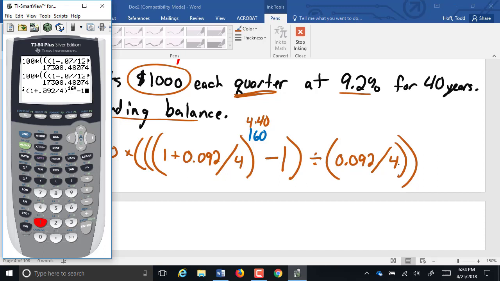Minus 1. Close parentheses. Divided by, open parentheses, 0.092 divided by 4. Close and close. 1,609,905.08.